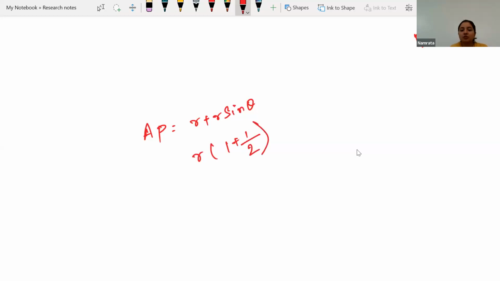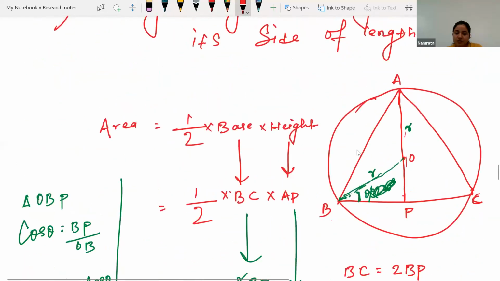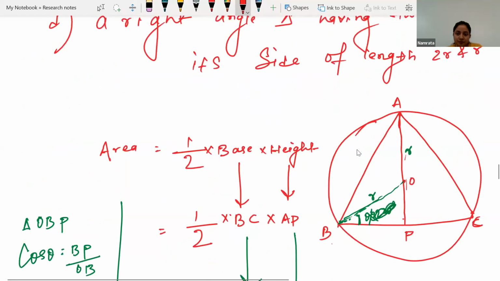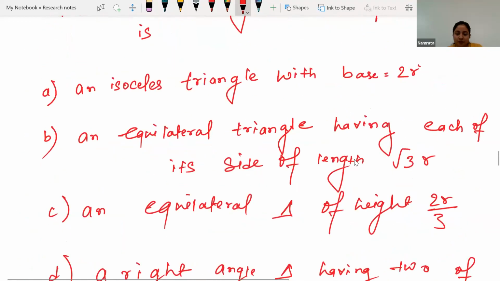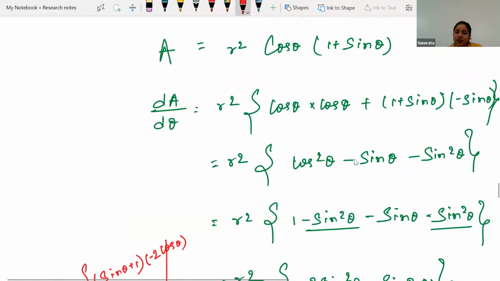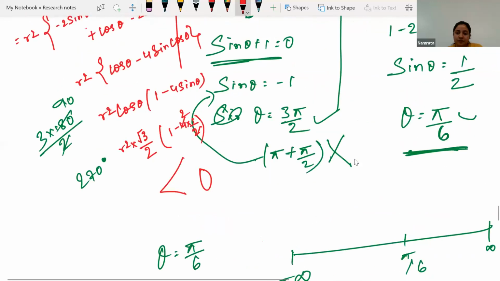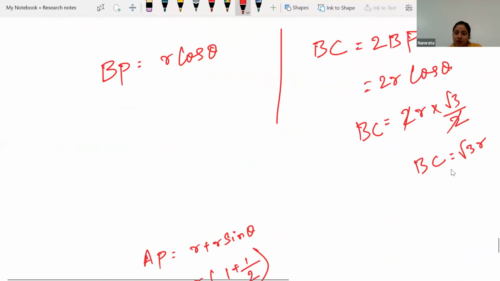Sin theta is 1 by 2 for pi by 6, so that means 3R by 2. Height we have got 3R by 2. Base we have got as root 3R.